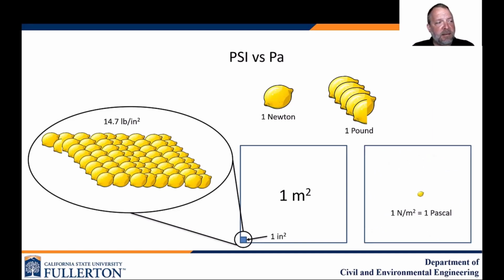So 1 lemon on that huge square meter of area versus 65 lemons on this little tiny square inch of a PSI. So this is again just to remind, just to kind of hopefully visually bring home the difference between PSI and Pascal. They might sound similar because they both start with a P, but really one is about 7,000 times bigger than the other one.